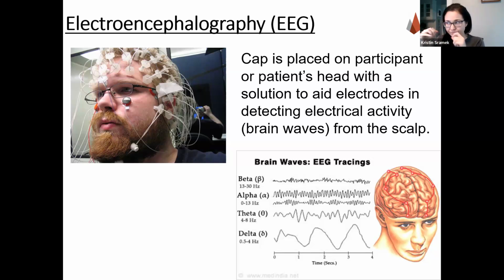So when neurons are firing, which happens all the time and never stops, that can be read by the EEG. The electrodes are there to read, but we need a little bit of solution for the conductivity. And it's basically reading those brain waves and allowing the researcher or the doctor to see what's happening.